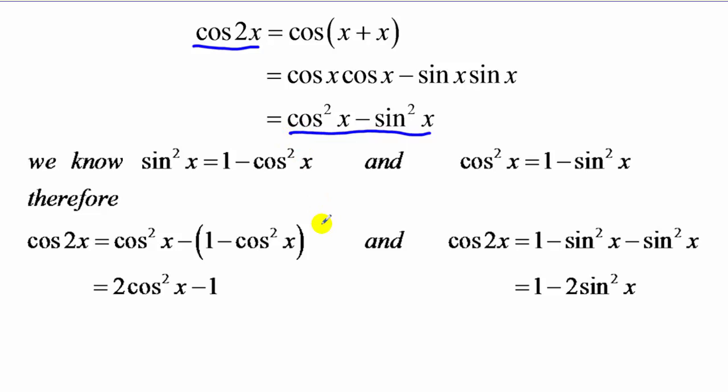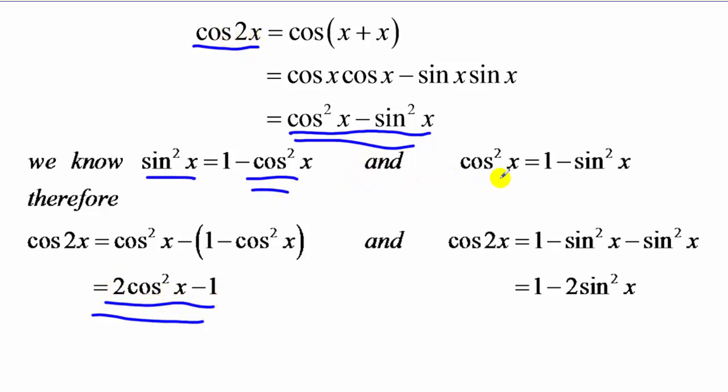But because we have Pythagorean identities as well, we could always make a substitution for sine squared and call that 1 minus cosine squared and get a second formula. So not only does cosine of 2x have a formula of cosine squared minus sine squared, it also has another identity: 2 cosine squared minus 1 is equal to the cosine of 2x.